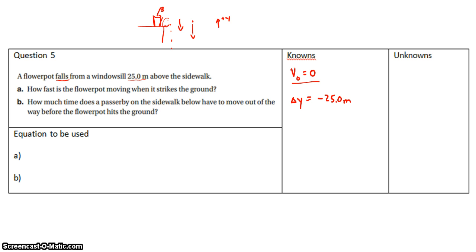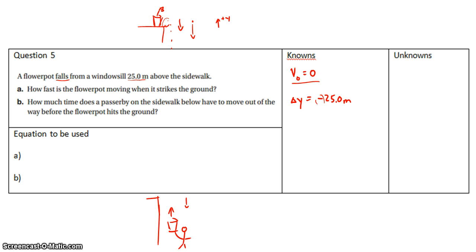So what's with this negative? Well, if I were to throw a flower pot up to a friend who's on top of a building, and I were to throw it up 25 meters, then this would be a plus 25.